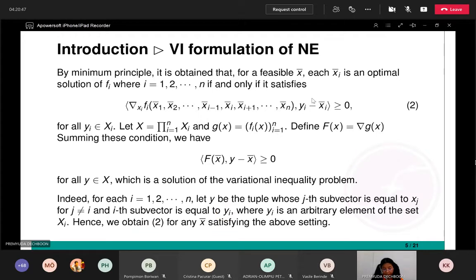So we have that x bar satisfies the variational inequality problem. So we can conclude that x bar is a solution of the Nash equilibrium problem if and only if it is also a solution of the variational inequality problem.